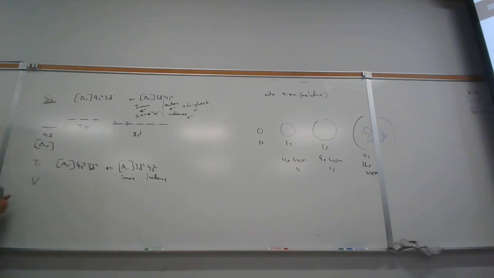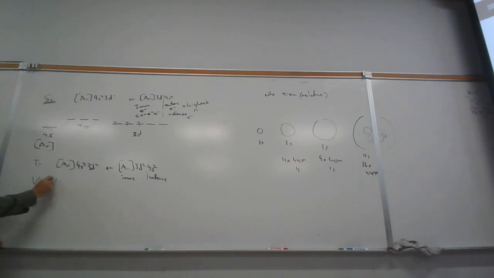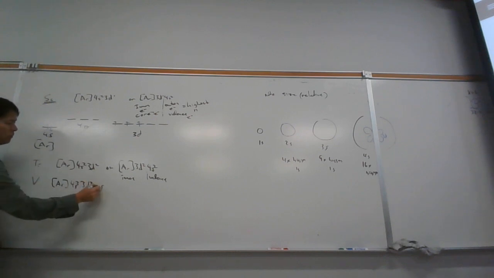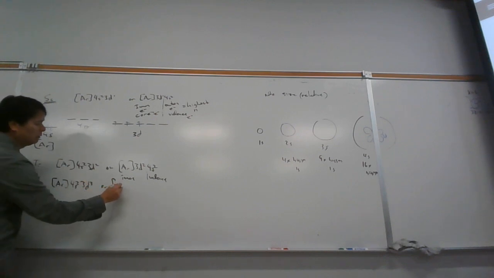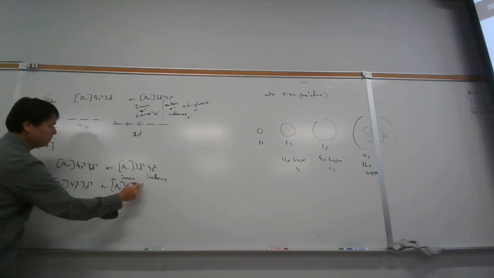Vanadium is going to have another electron here. And so this is going to be argon 4s2, 3d3, oh no, that's wrong. Sorry, argon 3d3, 4s2.